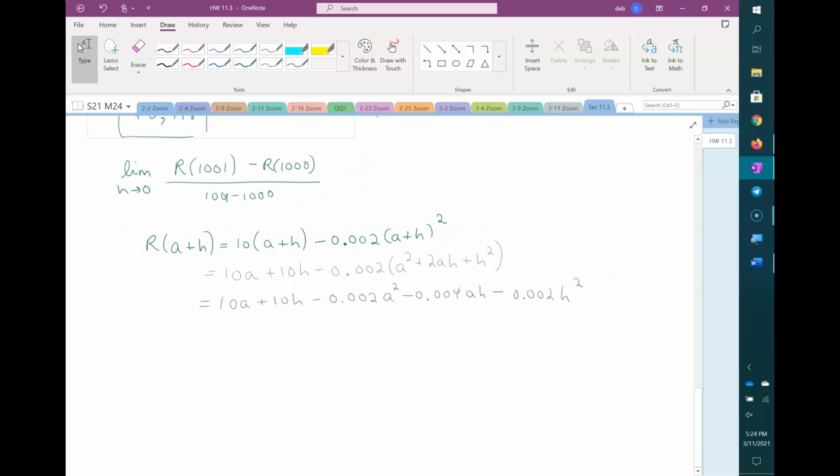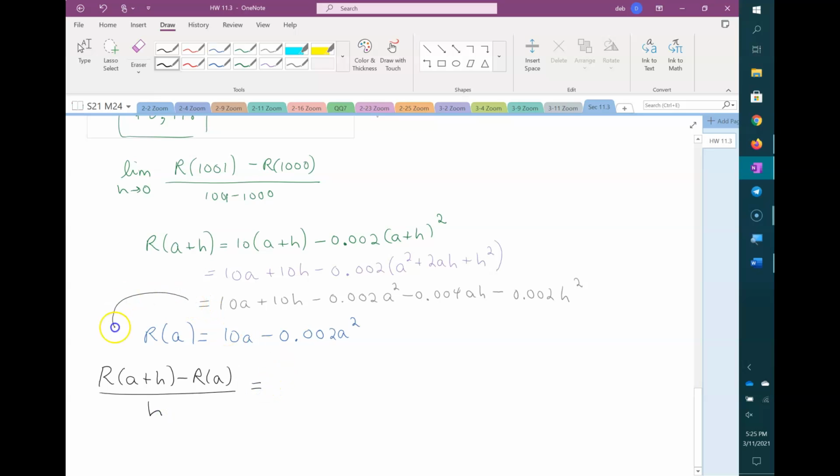Okay, so that's my r of a plus h. Then my r of a is going to be 10a minus 0.002a squared. So now I need to form my difference quotient, r of a plus h minus r of a over h.